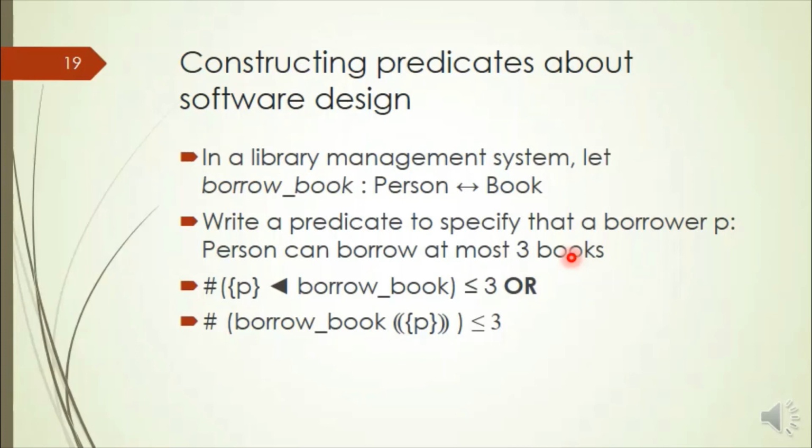So we can use a domain restriction operator, and this operator would return us the ordered pairs associated with person P, who is actually a borrower, and this is basically a cardinality operator, and the number of ordered pairs cannot be more than 3.